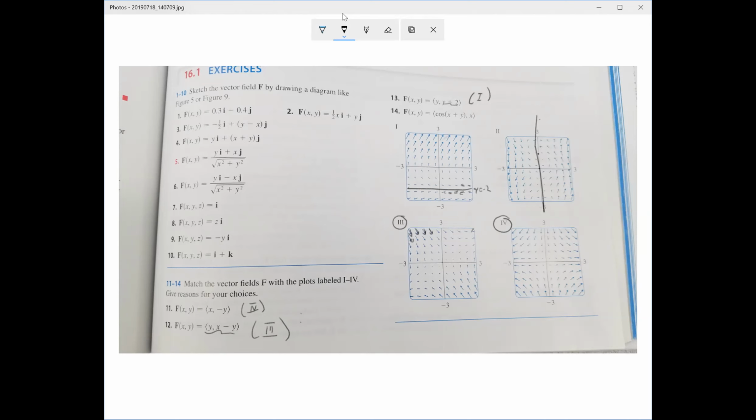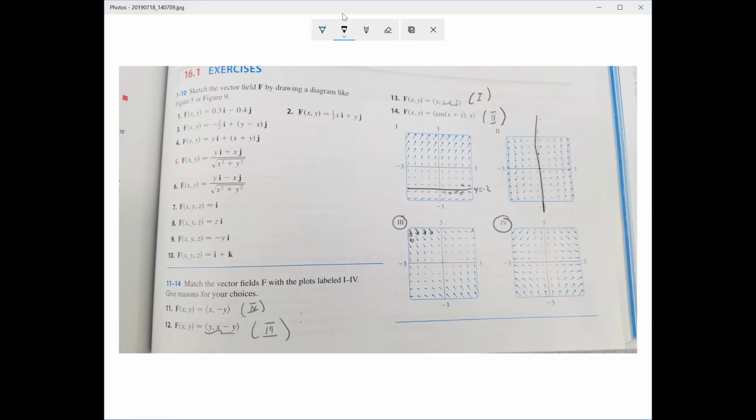Okay, and same thing goes with whatever is in here. And so this again is just going to represent II. All right, so yeah, that actually solves all the questions for matching vector fields with the plots.